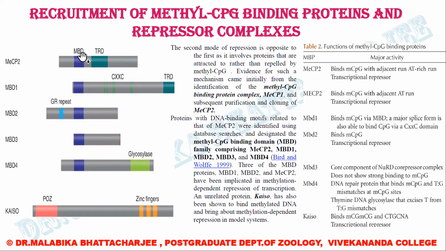So these proteins also play a big role in repressing of gene expression. We'll be coming to how these proteins play a big role through one of the examples, which I'll be talking about later on. These are all basically transcriptional repressors.